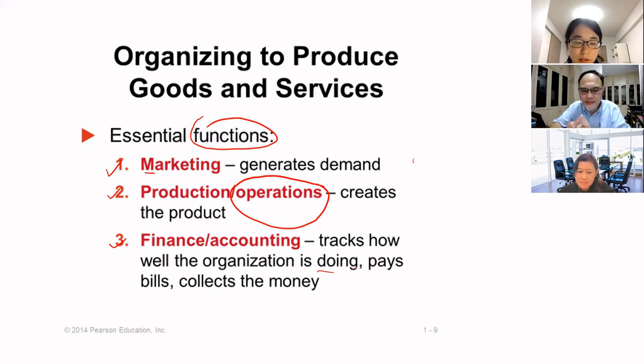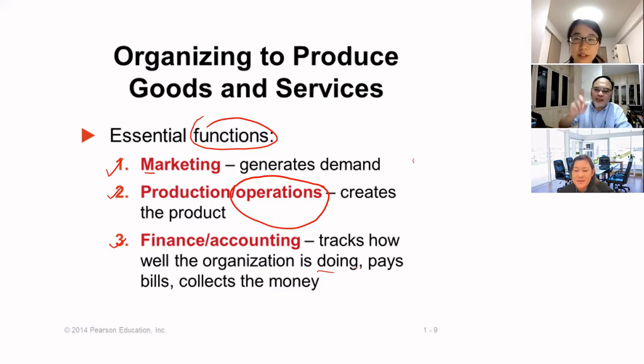If I ask you a question, where is the cost highest? Where is the cost? Cost of doing business. Is it cost of marketing, cost of operations, cost of accounting? Materials. And then cost for wages.